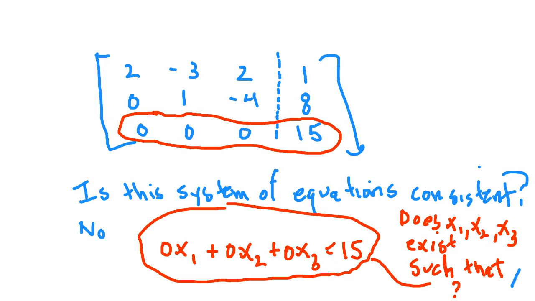Could there be values of variables x1, x2, and x3 such that 0x1 plus 0x2 plus 0x3 equals 15? That's right, and the answer is no. So this system is inconsistent. It's an inconsistent system.